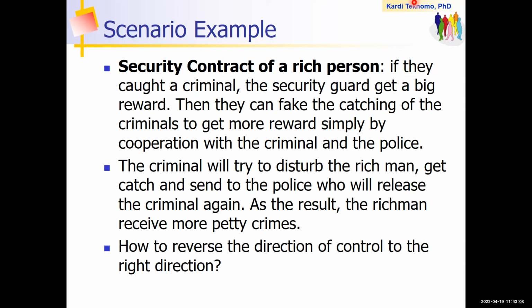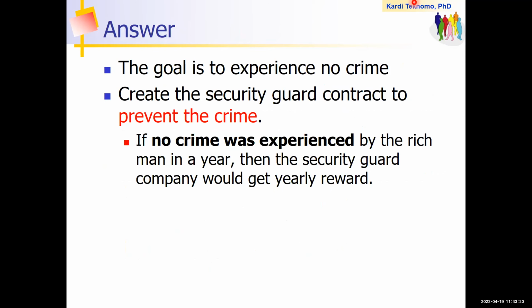Again, stick to the goal. What is the goal? The goal is to have no crimes, to experience no crime at all. So then you can create a security contract that actually prevents the crime.